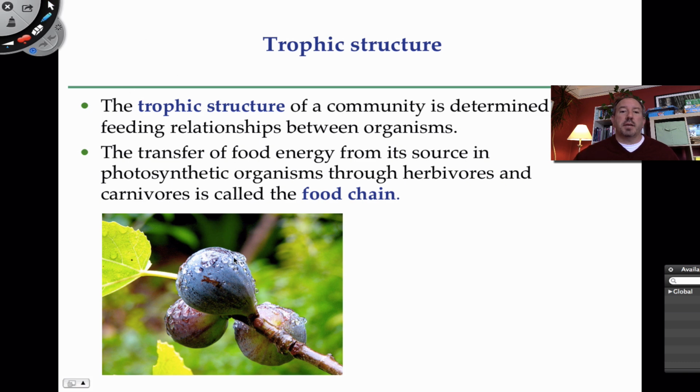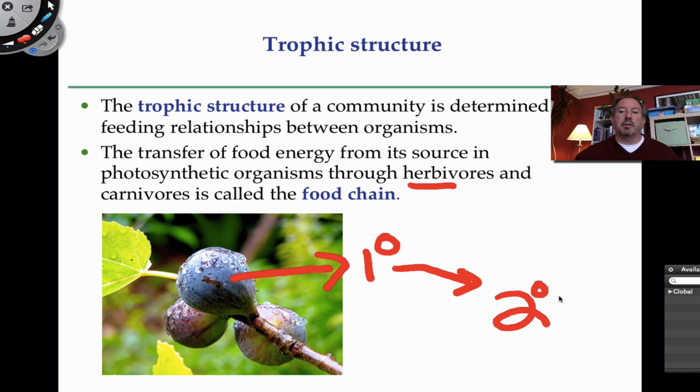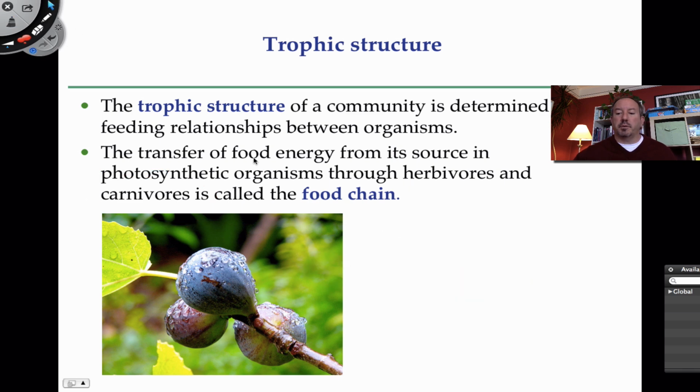So it's kind of basic in that the producer is being eaten by the herbivore, which is a primary consumer, and then that's being eaten by the secondary consumer, which is a carnivore or a meat eater. And so this constitutes a food chain. So the autotrophic, and then these are considered to be heterotrophic, and this is a primary consumer, secondary consumer. I think most of you are familiar with that.